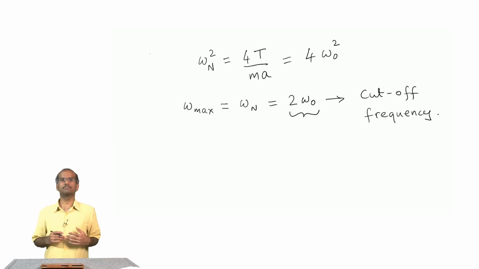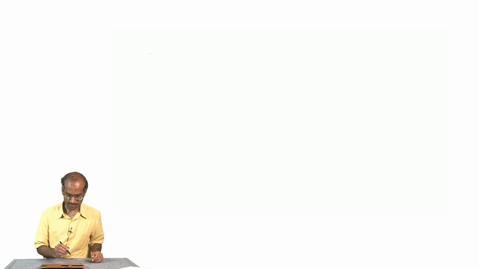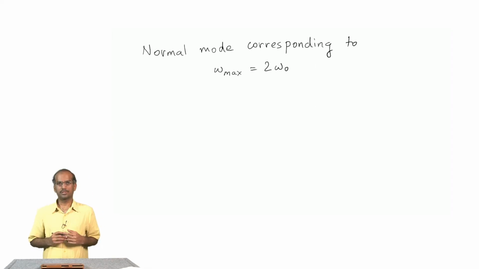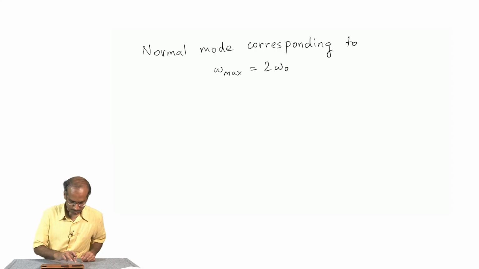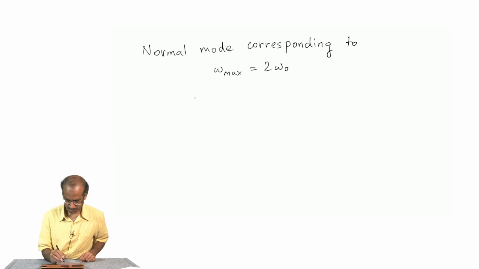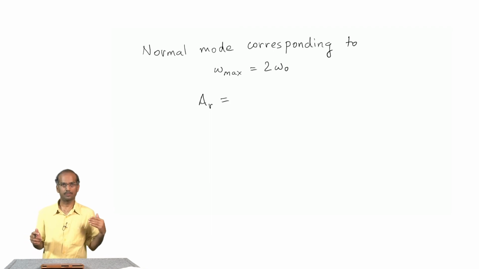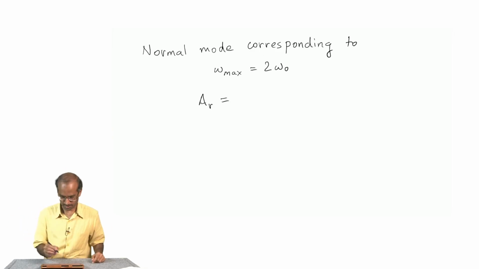What about the normal mode itself? What is the pattern of oscillation corresponding to this largest frequency? This can be obtained by again going back to the equation for the amplitudes. Just to remind you once again, the equation for amplitude depends on two things: one, the normal mode that you are looking at, and the position of the bead along the string.